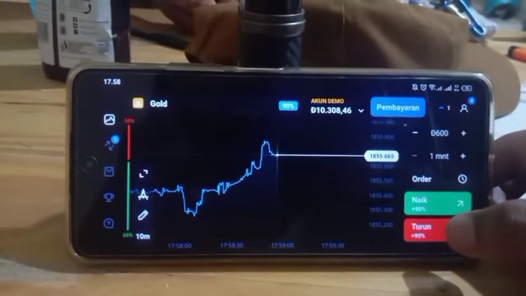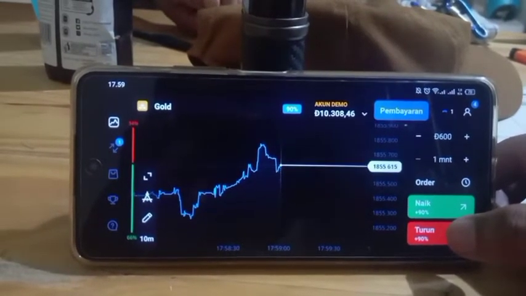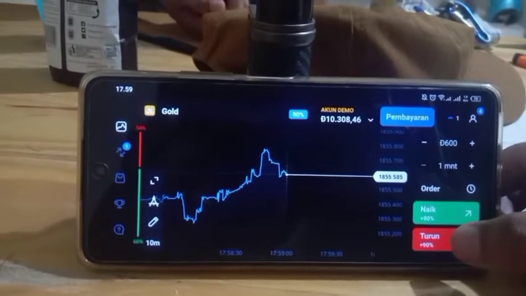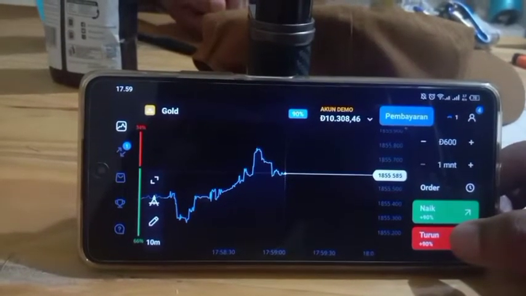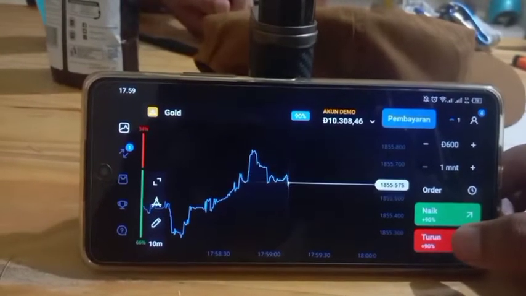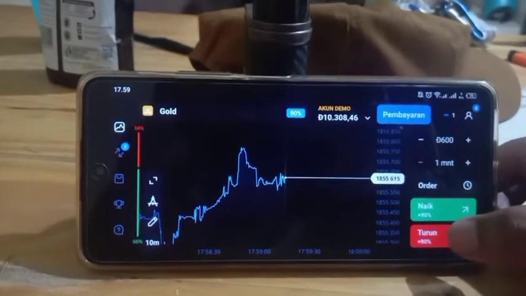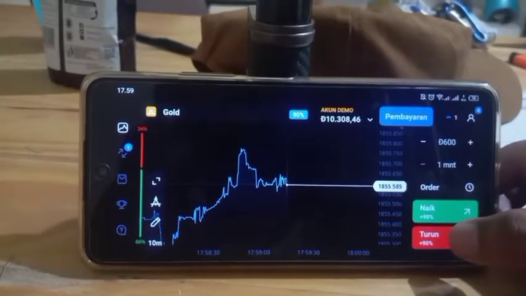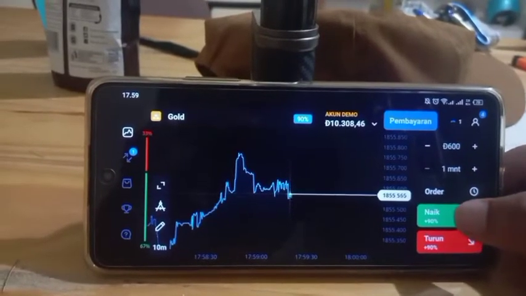You can buy after the stochastic moves across the 20 level from bottom to the top. Conversely, when the 50 EMA line is below the 100 EMA, you can sell after the stochastic moves across the 80 level from top to bottom.